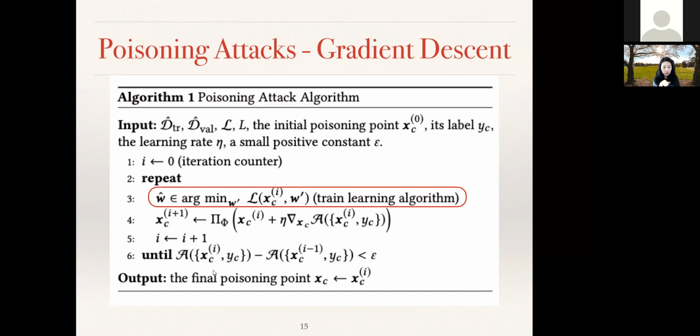Once you do that based on your current estimation of XC, you can use projected gradient ascent to find the update for XC for the next step, and then you do that again and again until convergence.